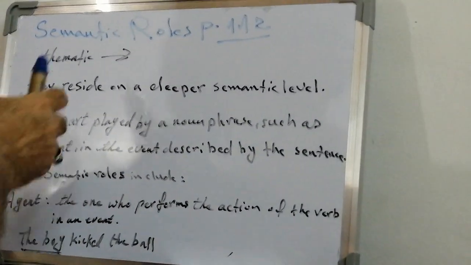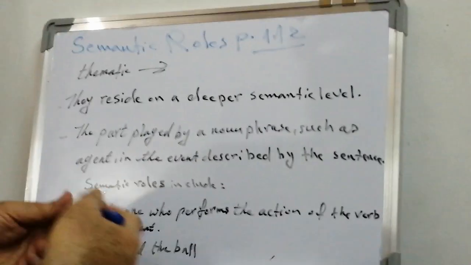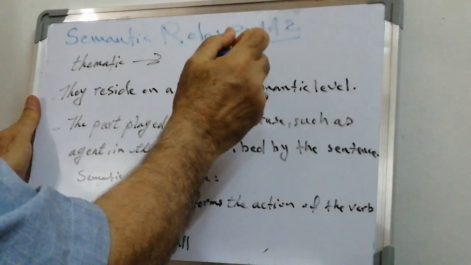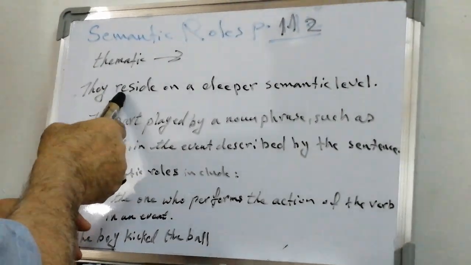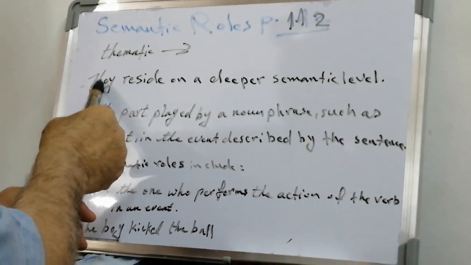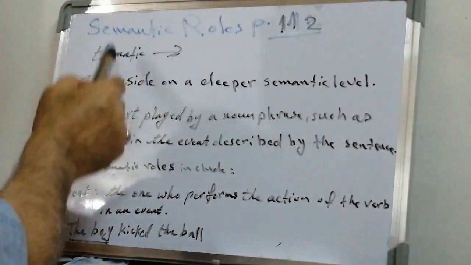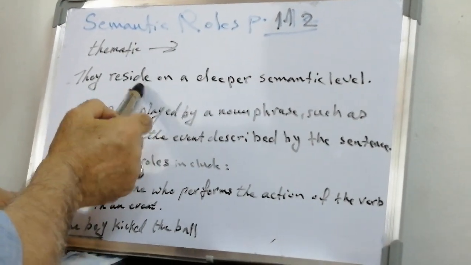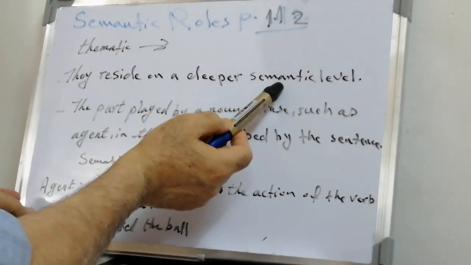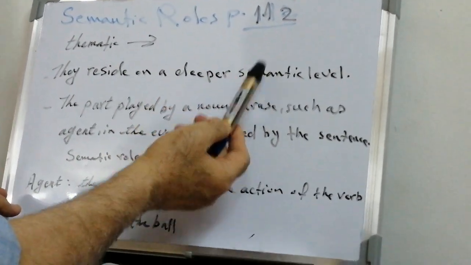Remember, semantic roles, you find it on page 112 in your book. Now, see here, I have written this point. I say that it refers to the semantic roles. The semantic roles reside on, are built on a deeper semantic level, not a surface level.